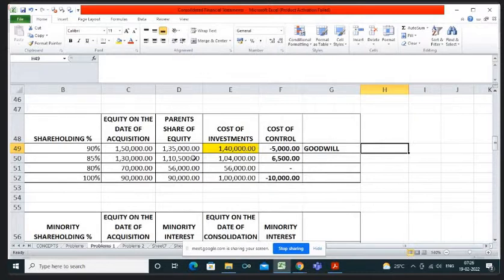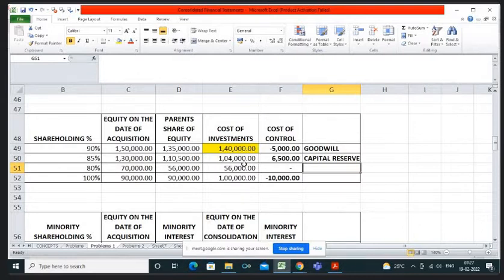Here in the second case, we are comparing the cost of investment. We have paid 1,04,000. But how much assets we have got? We have got assets of 1,10,500. So this will be called a capital reserve. The third case, there is no goodwill or capital reserve.